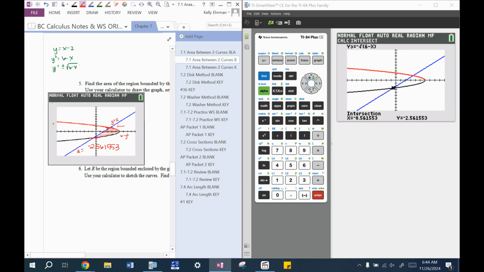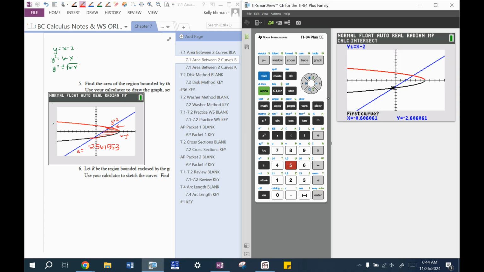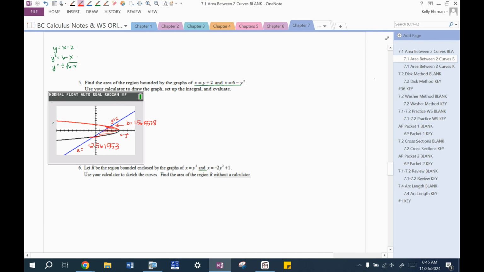And then the B value at the top, intersect again. It's on the blue line right now, so enter. And then now I want it to be on red. And this one is going to be the value of B in the integral, so 1.56155528. Don't round those.